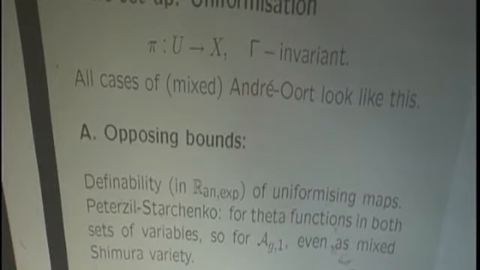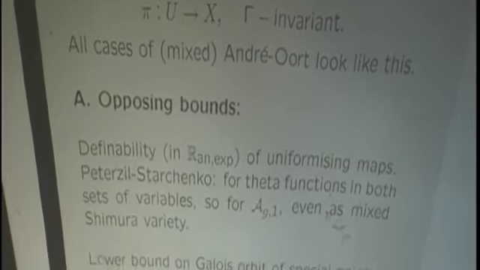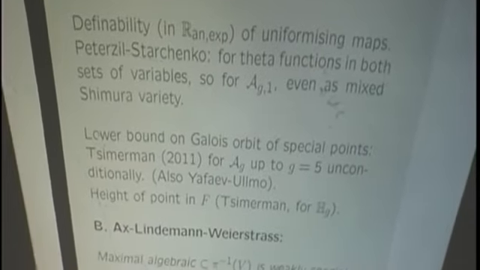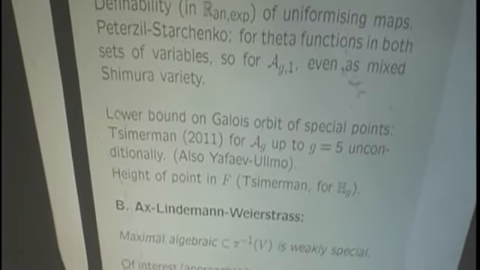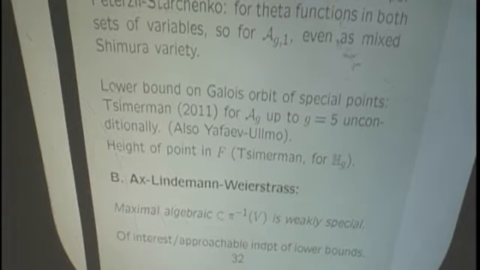So one now has definability for A_g, the principally polarized abelian varieties in any dimension. The lower bounds on Galois orbits are not available in general, but very recently Zimmermann has unconditional lower bounds for A_g up to at least g equals 5 or possibly 6. There are some similar results along those lines by Yafaev and Ullmo.